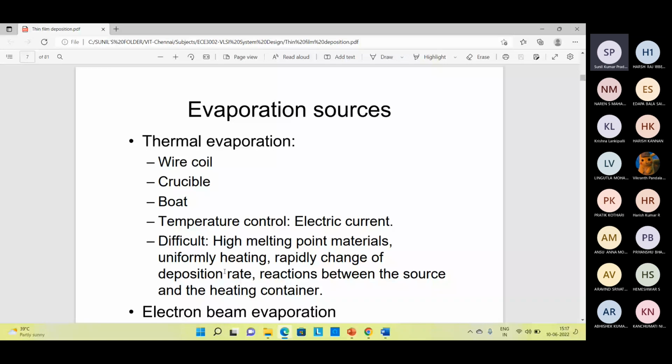So basically the sources which we generally use in the evaporation process are wire coil, crucible, and boat. These are the source holders on which our target material is placed.